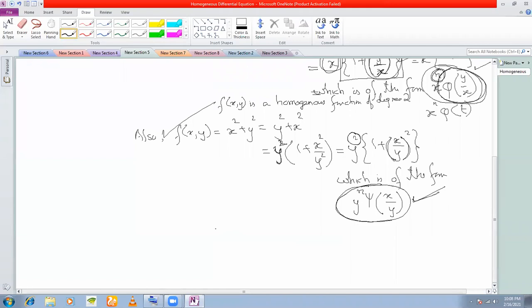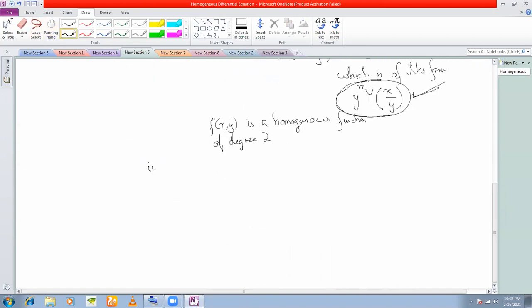In both cases, you will find that the degree of the homogeneous function is 2, in whichever way you write. Okay, let us take another example.